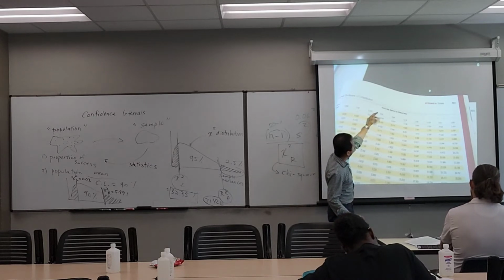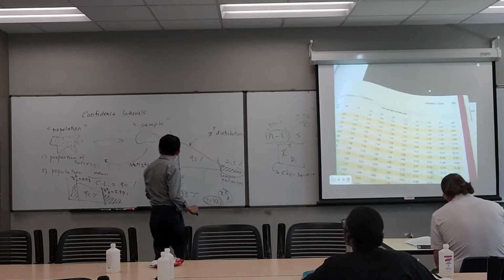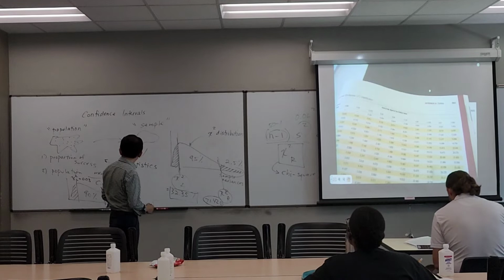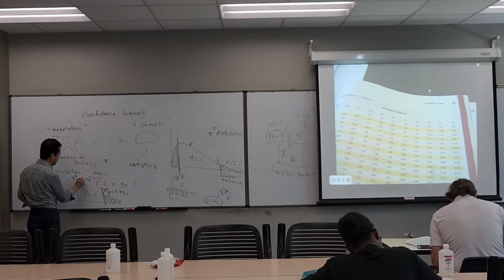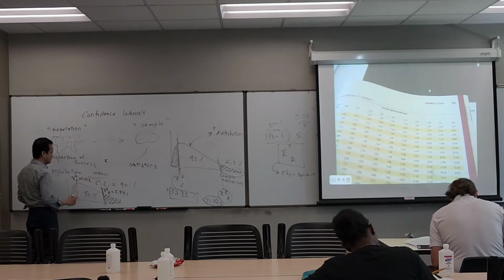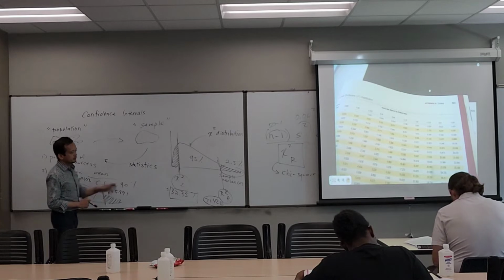So that was the 0.95, and then that was the 0.103. Any questions? Okay, any questions on using this chart?